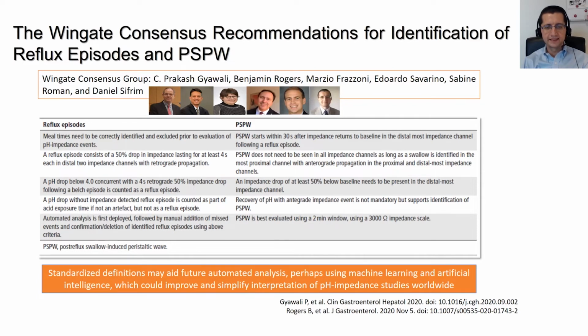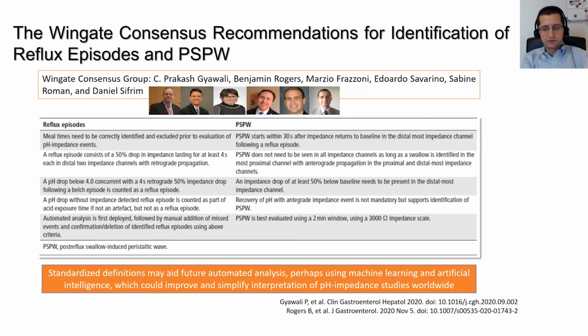We hope that the standardized definition of reflux episode and PSPW will be able to add future automated analysis using perhaps machine learning, artificial intelligence to improve and simplify the interpretation of pH impedance studies worldwide.